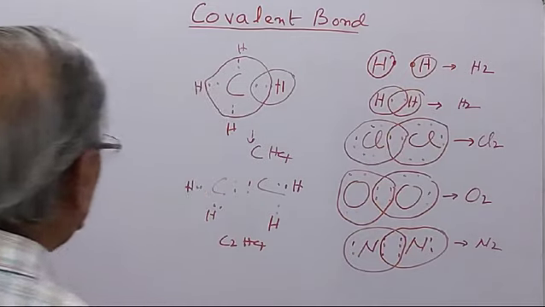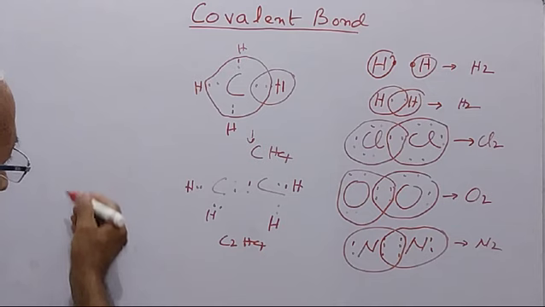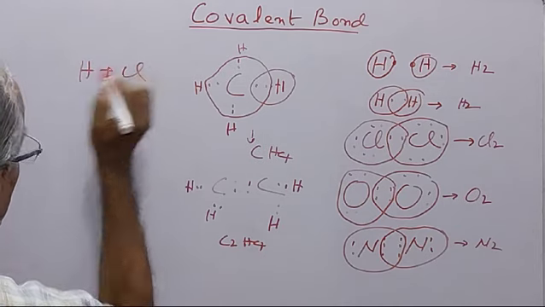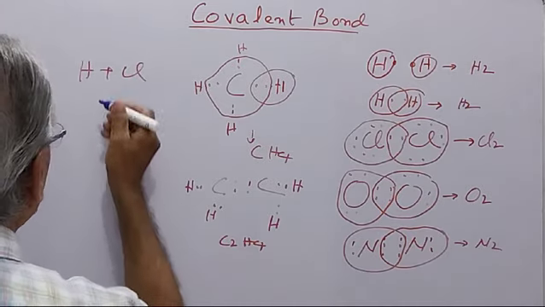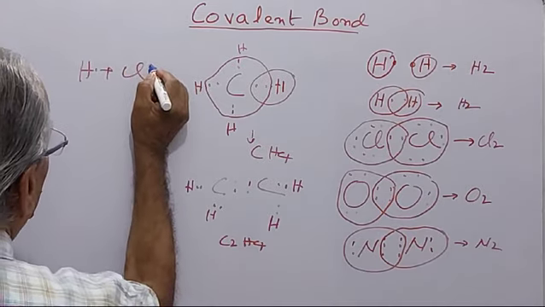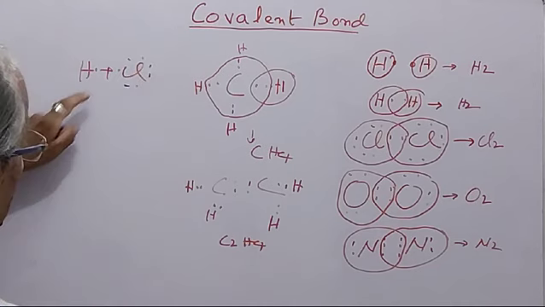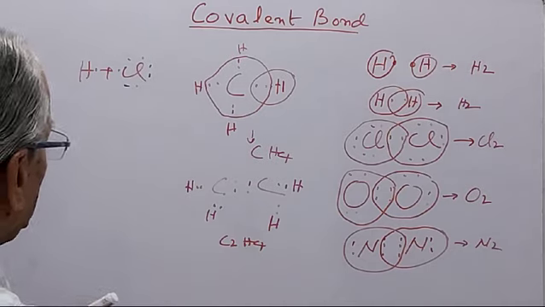Now if you take the example of two atoms of different elements, that is hydrogen and chlorine. See, in this case, hydrogen shares one electron and chlorine shares one electron. Chlorine has 7 electrons in the outermost orbit and hydrogen has 1 electron in the outermost orbit.